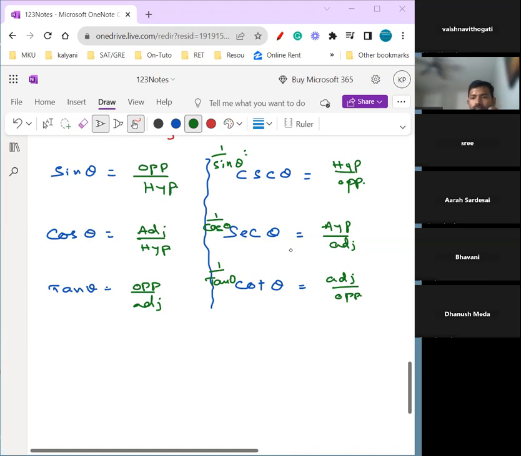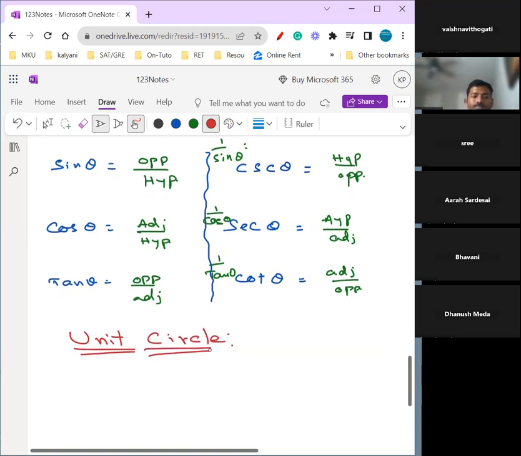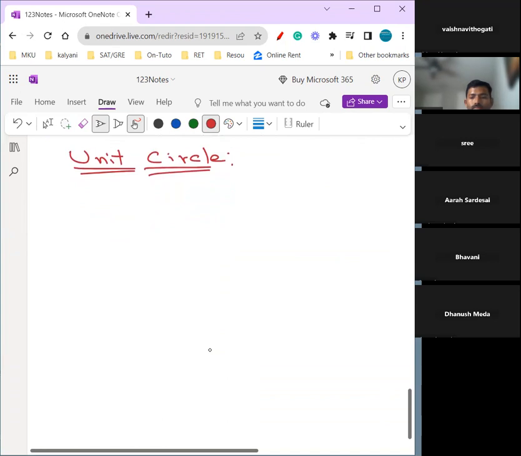All right. Next, what we're going to do. The next one is the unit circle. This is another really important part if you're in school. Unit circle. The unit circle is basically, in itself, it has the meaning of the unit.